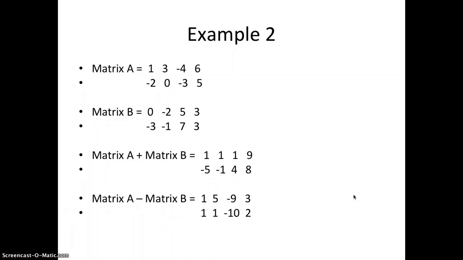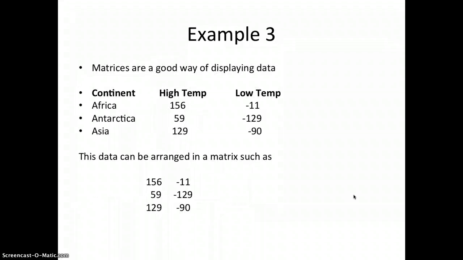Row 2: -2 minus -3 is 1, 0 minus -1 is 1, -3 minus 7 is -10, and 5 minus 3 is 2. Again, the reason that we can add or subtract matrix A and matrix B is because they have the same dimensions.